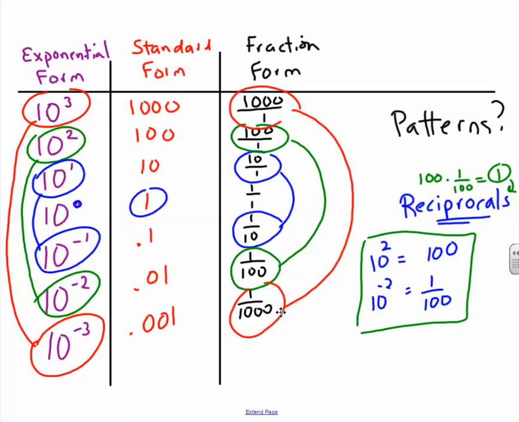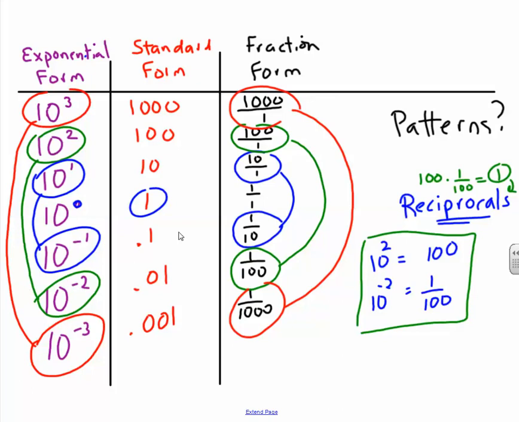1,000 groups of 1/1000th is 1 whole. 100 times a hundredth is 1 whole. 10 times a tenth is 1 whole. So reciprocals are numbers whose product is 1. Two numbers whose product is 1. So notice that 10 squared is the reciprocal of 10 to the power of negative 2.